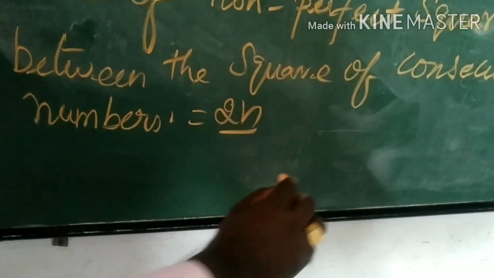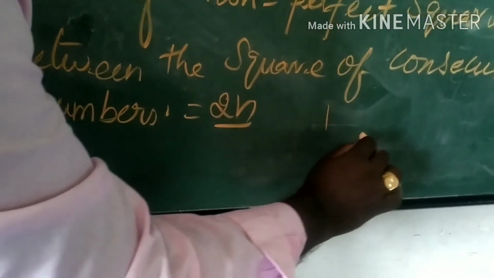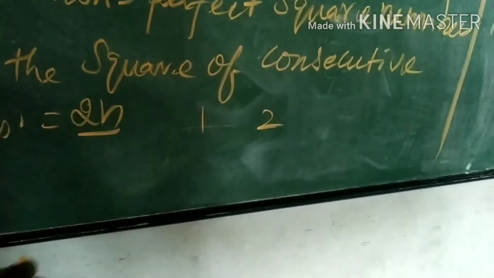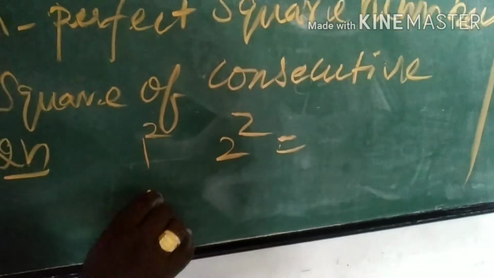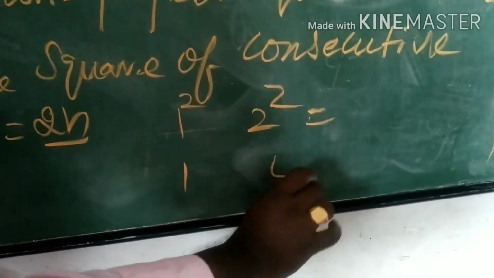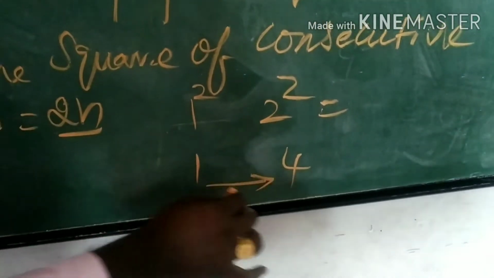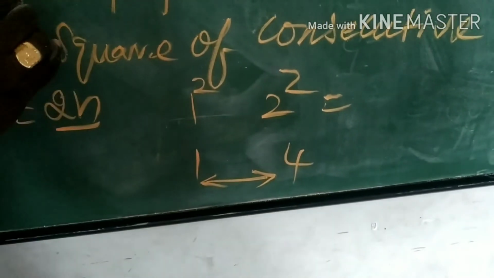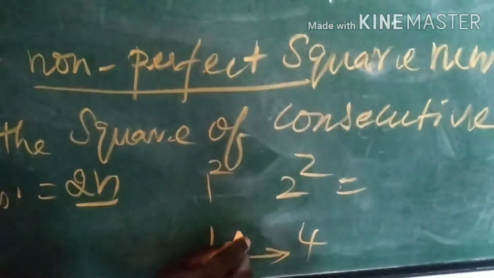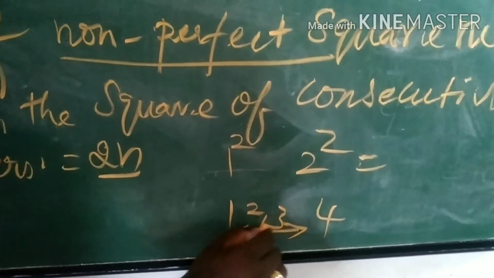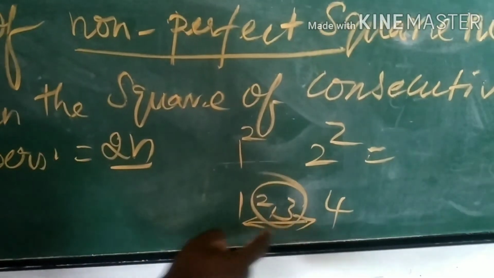How can I say this? We consider 1 and 2. These two are consecutive numbers. We square these two: 1 square is 1 and 2 square is 4. In between these, there are non-perfect squares. What are they? They are 2 and 3. How many numbers exist here? 2 numbers.